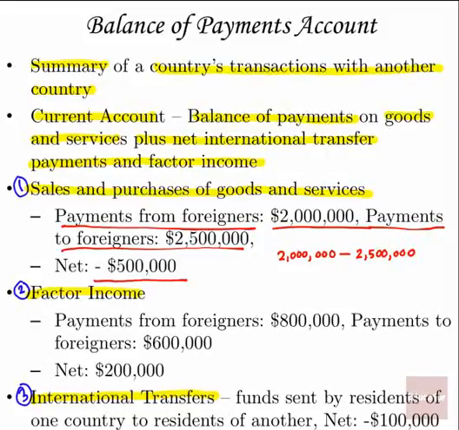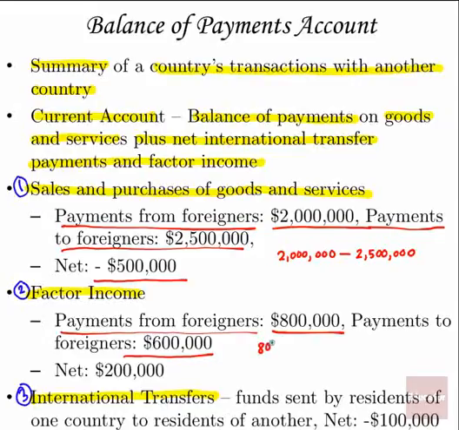And the next part here is going to be payments from foreigners in regards to factor income. So you have $800,000 coming in, and then payments to foreigners would be $600,000. So any money that is made from foreigners versus any money that's paid out to foreigners living in the United States.